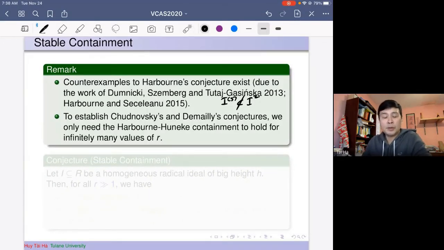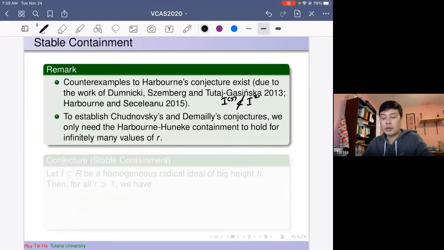The good piece of news is, and of course, if there are counterexamples for Harbourne's conjecture, one might expect that there could be counterexamples for the Harbourne-Huneke conjecture as well. However, that is not known. No known counterexamples to the Harbourne-Huneke conjecture are available yet.